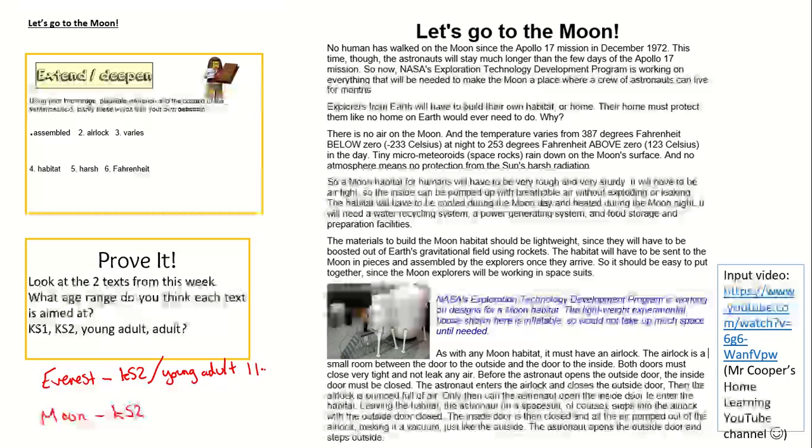So I'm going to go for 11 to 14 with that one, and that's purely for the language, the vocabulary being used, and also the length of it. That's purely out of curiosity. I think that's a very opinionated answer there. I'd be just curious to see what you guys think. I look forward to talking about that in lessons as well and seeing what we say in class.